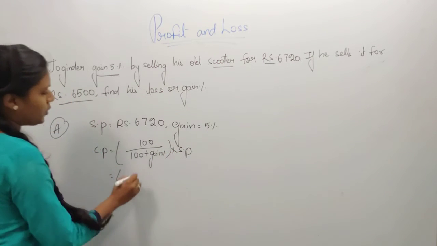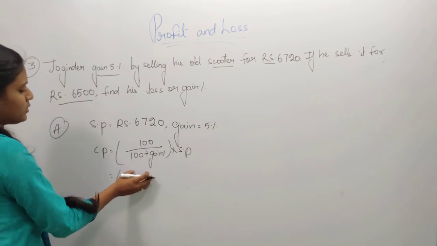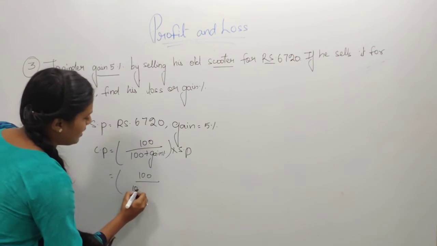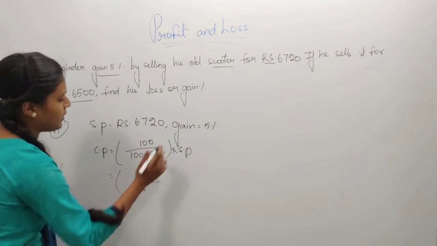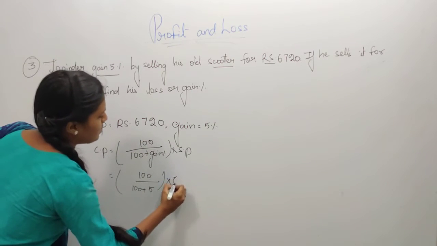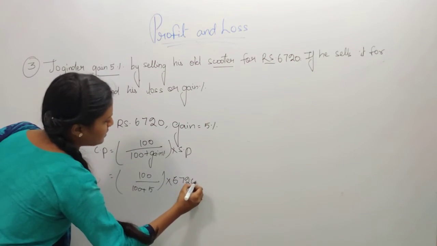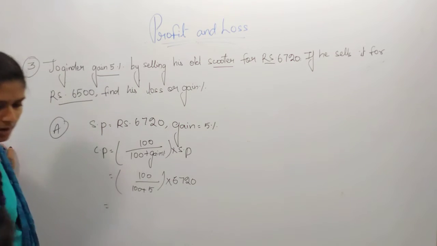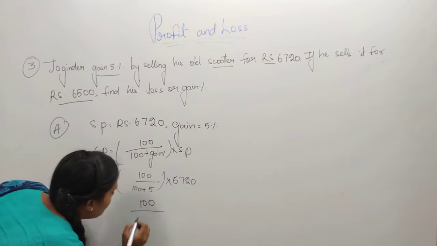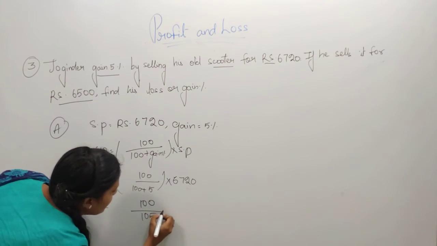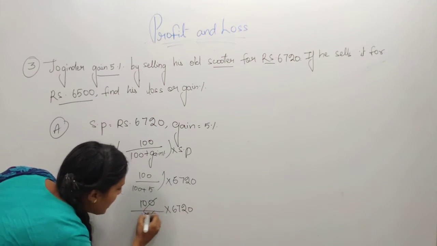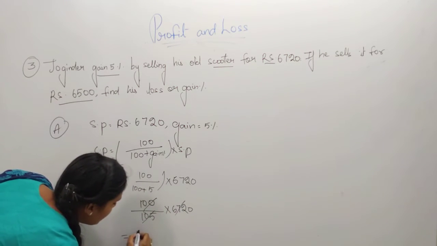Now substitute this in the formula. 100 by 100 plus gain percent, how much is given? 5 into SP, how much? 6,720 rupees. Now what will we do? Solve this. 100 by 100 plus 5, how much? 105 into 6,720 rupees.